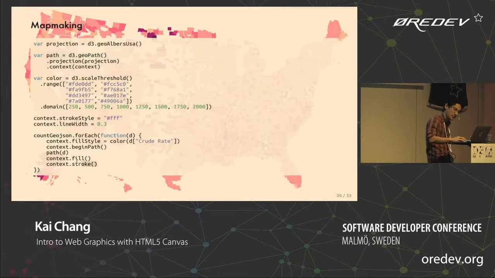And then it's up to you, after it's gone through that path, how exactly you want to fill and stroke it. In this case, we're applying a fill style, which uses a color scale, a threshold scale, based on the infant mortality rate for each of these counties. And then the stroke is just a white stroke to create some division between the counties.